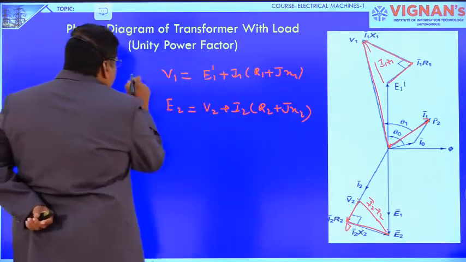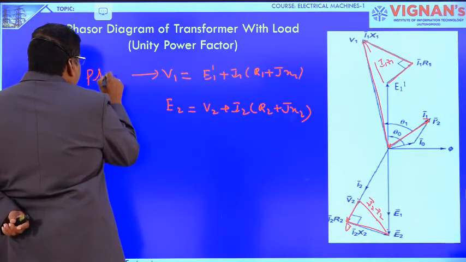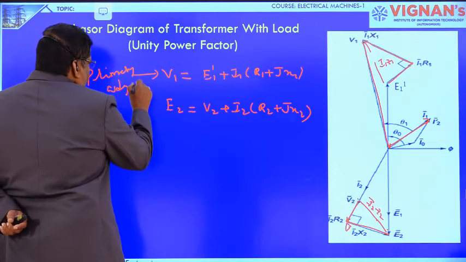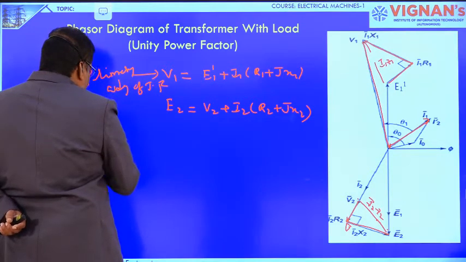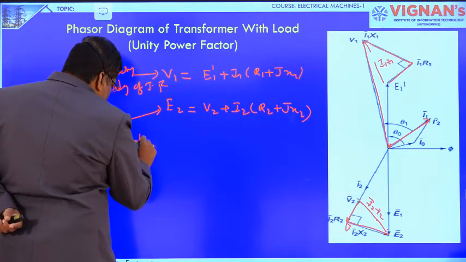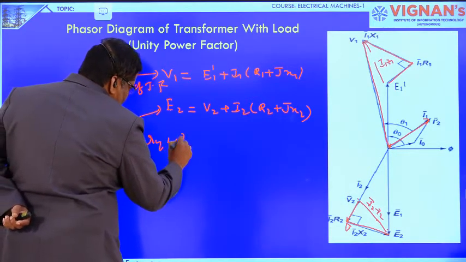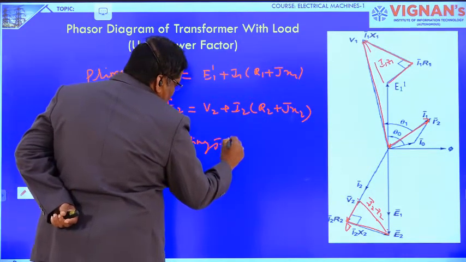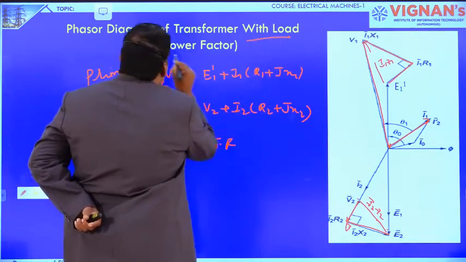This is the voltage equation for the secondary winding of a transformer with unity power factor.